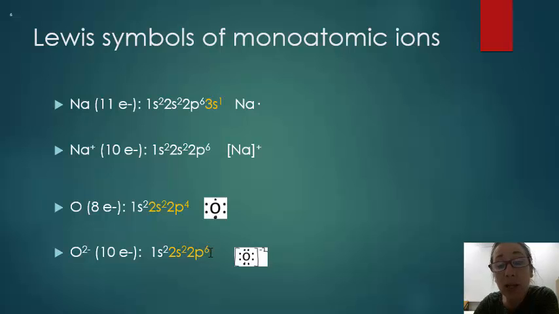In this case, it now has 8 valence electrons. Unlike sodium, which lost its valence electron, oxygen actually gained more valence electrons. So its symbol will now have 8 electrons around it. And again, we still put the brackets around our ion and then the charge in the upper right hand corner.